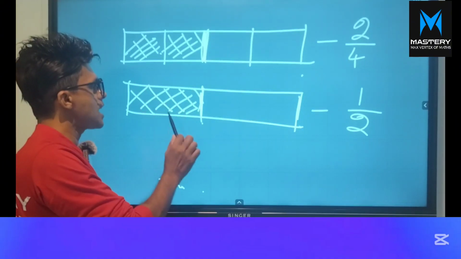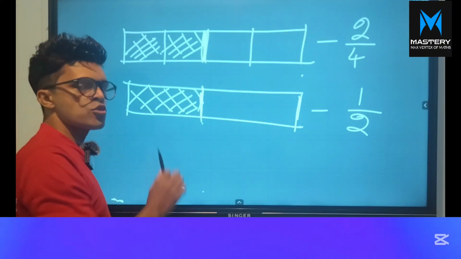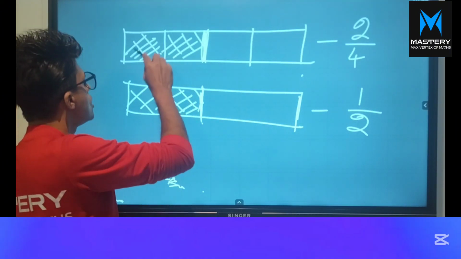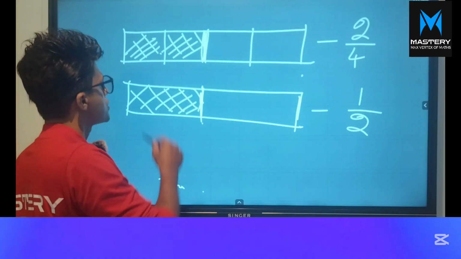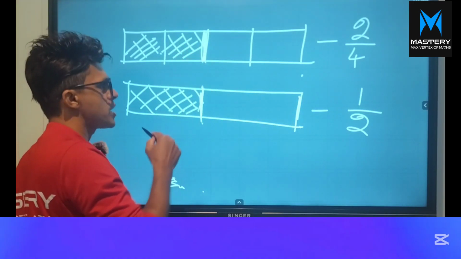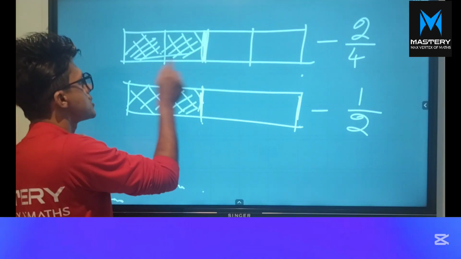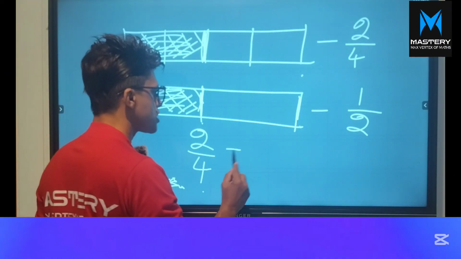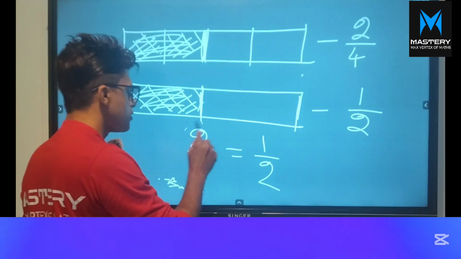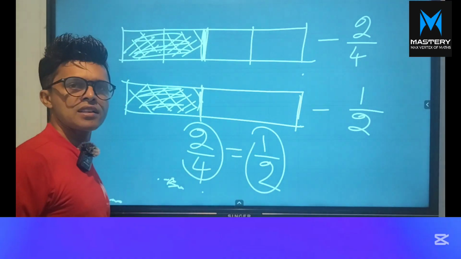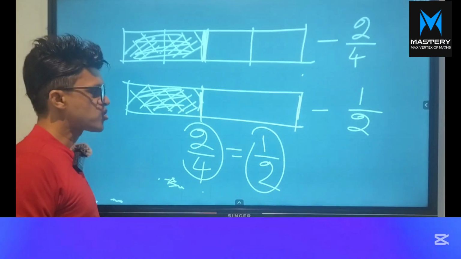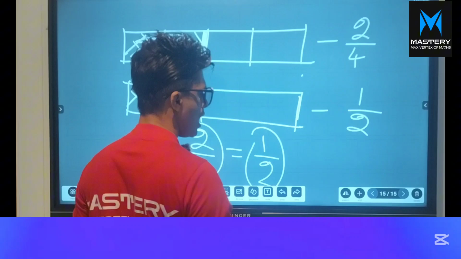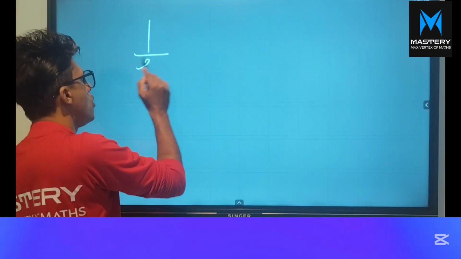This is the most decisive thing you need to consider here. So the same region, the same area we've taken, which means 2 over 4 equals 1 over 2. So this fraction and this fraction can be identified as equivalent fractions. I'll be explaining this one to you more.